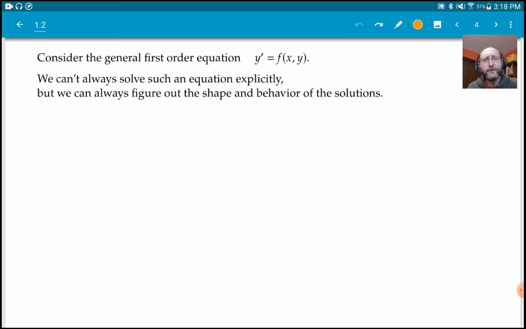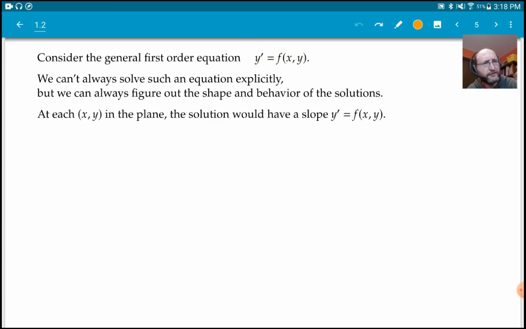But just by looking at this equation, we can figure out the shape that these solutions will take, what their graph will approximately look like, and a little about the behavior of such solutions without necessarily solving the equation. That's what we're looking at today.